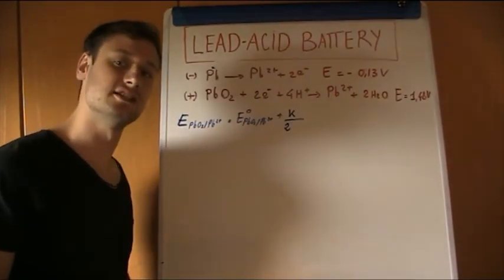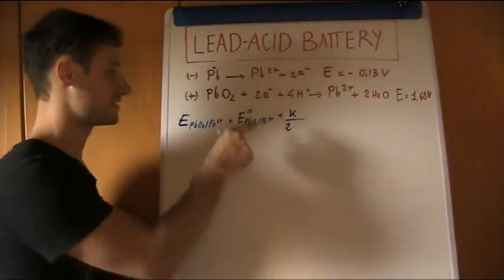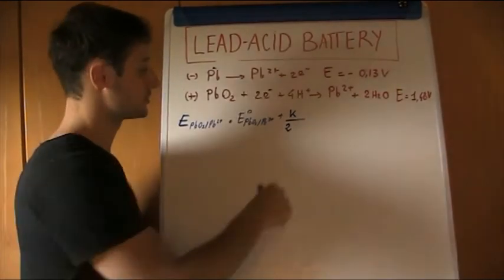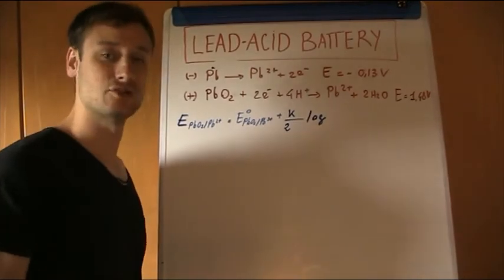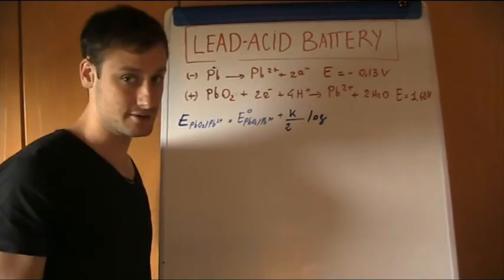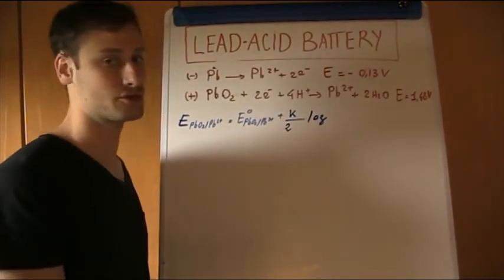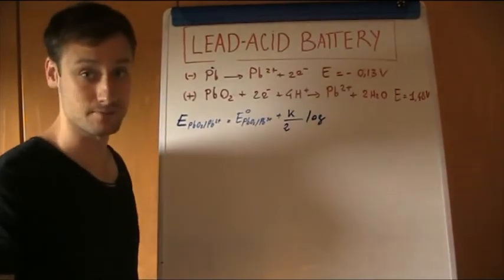Remember the dedicated lessons on the Nernst equation in order to understand this passage very well. So logarithm, since we have already transformed the natural logarithm into base 10, I'm just simplifying the computations in order to speed up the demonstration.